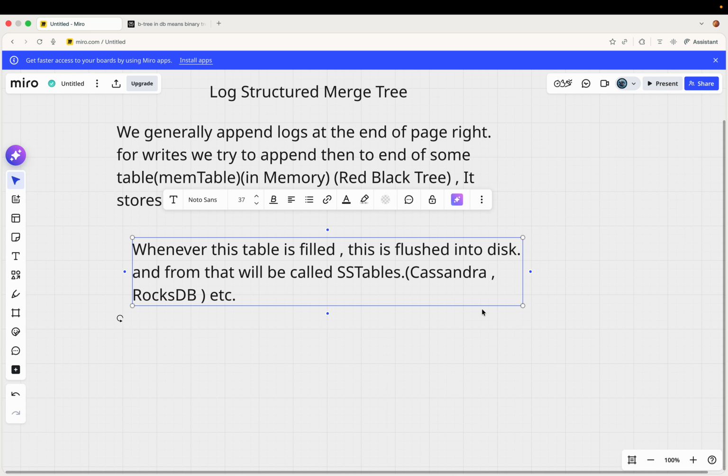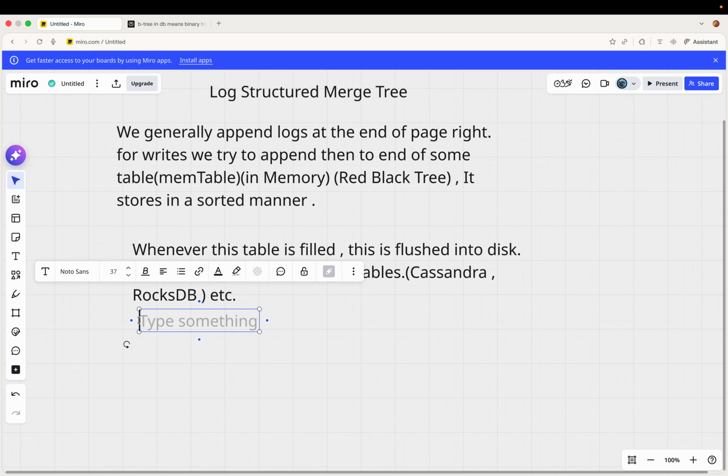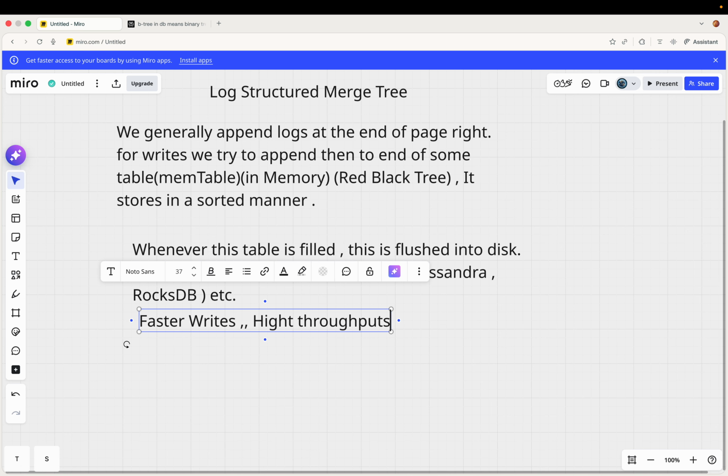So generally we use LSM tree for faster writes and high throughput. Here high throughput means how many write requests are processed. In this case, write heavy workloads.